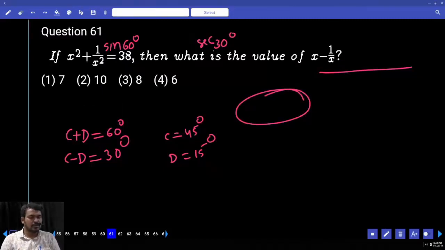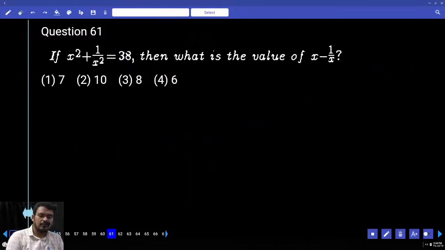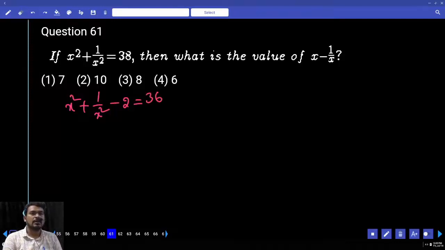Next, question number 61. x square plus 1 by x square equal to 38. We require x minus 1 by x. First of all, x square plus 1 by x square minus 2 is equal to how much? 36. The left hand side becomes x minus 1 by x whole power 2, and the right hand side becomes 6 square.